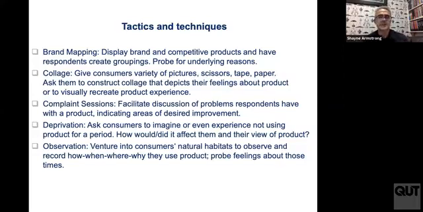You can also do observation: venture into consumers' natural habitats to observe and record how, when, and why they use the product. So, if it wasn't COVID time, you could actually go into a bar and watch people drink beer. Okay, don't do it in a creepy way, but you can actually observe the way people want beers. When I worked as a bartender, I had a great insight into the way people interact with expensive beers.